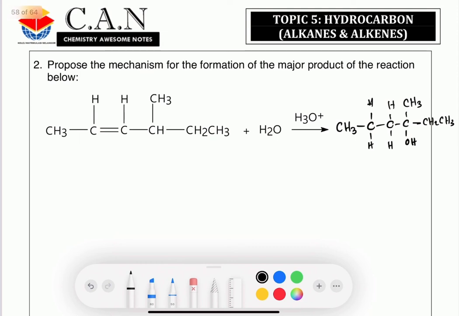So why do these things happen? Now let's take a look at the mechanism. This question is asking us to write the mechanism for the major product. So let's start with it. We have a hydronium ion.